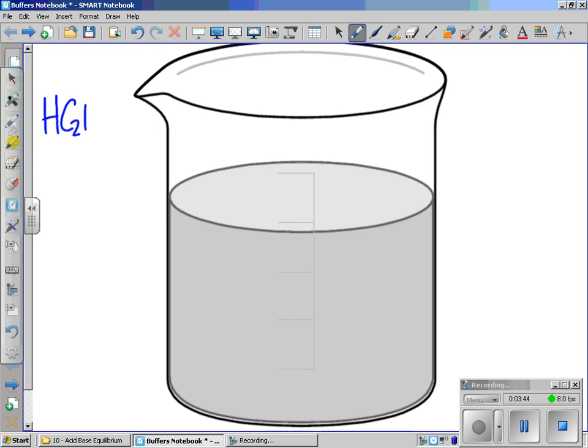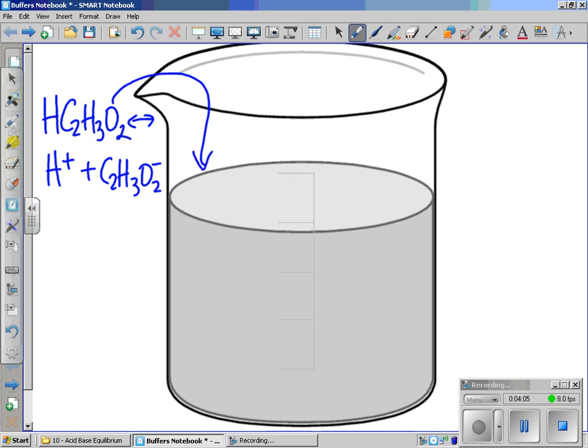HC2H3O2. If I write the dissociation equation for acetic acid, we know that acetic acid breaks up into H plus and C2H3O2 minus. But notice I used a double-sided arrow because we know that acetic acid only partially dissociates. So what I'm going to do is represent in this beaker what this looks like in solution.